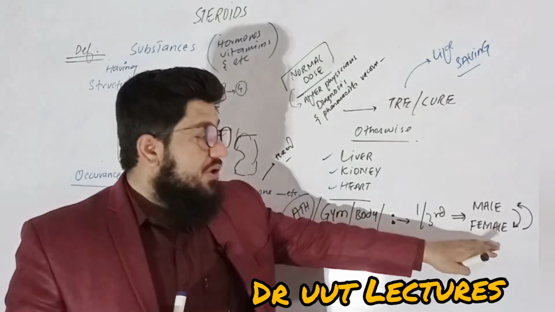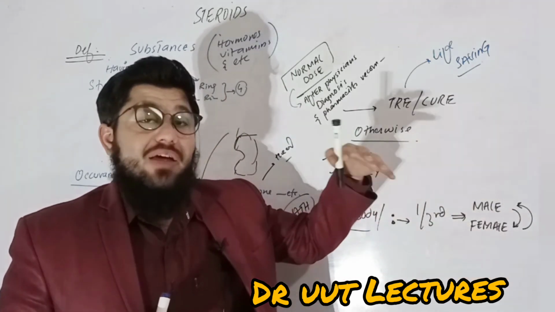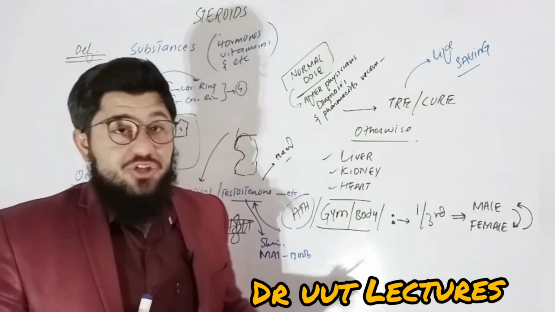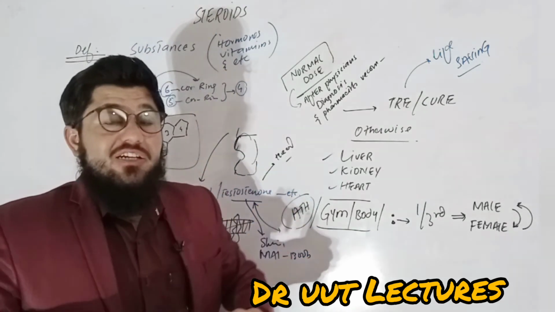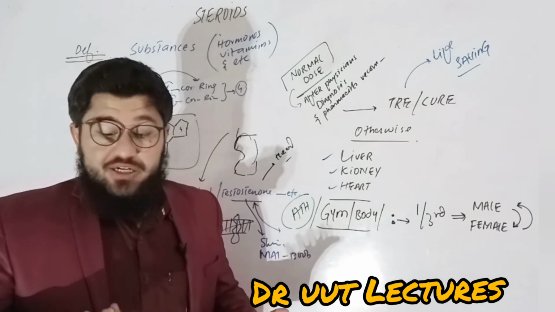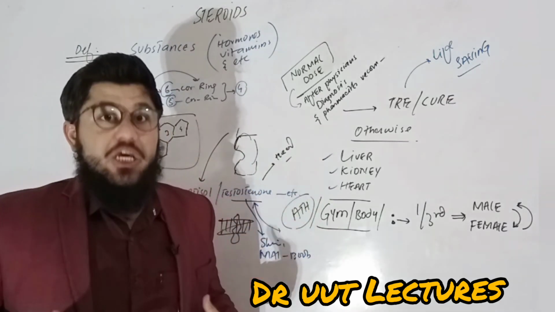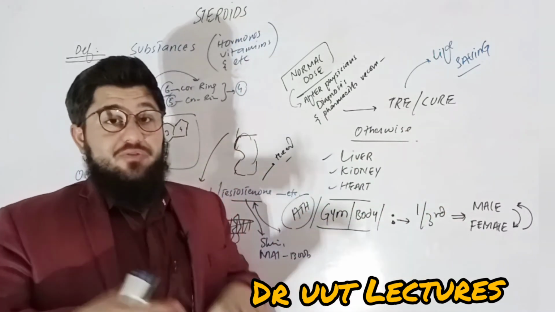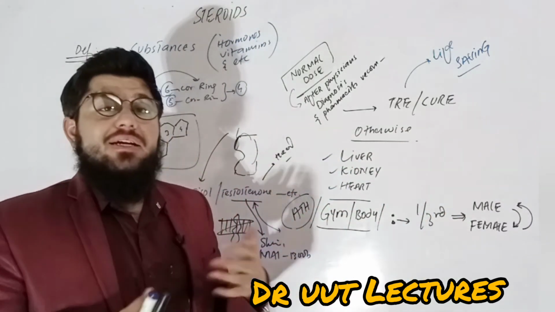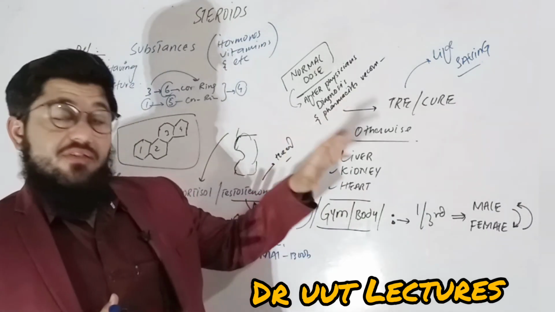We know that testosterone is a male sex hormone. Now if its concentration is increasing in the body, it gives us the masculine shape. So if this is increasing in the female, she will observe, and we will also observe, masculinity, male-type changes in the female.